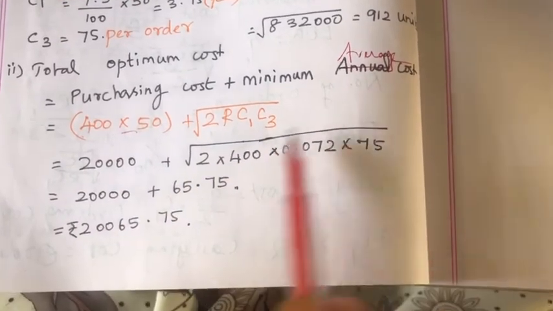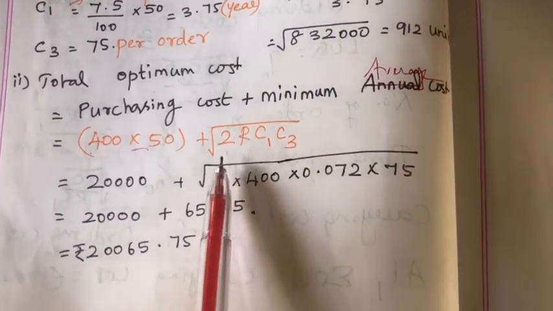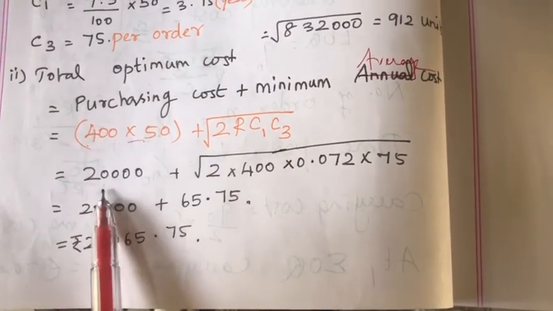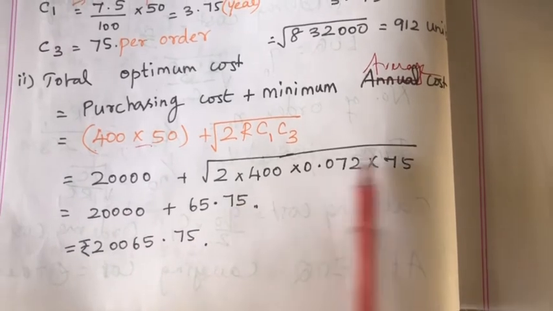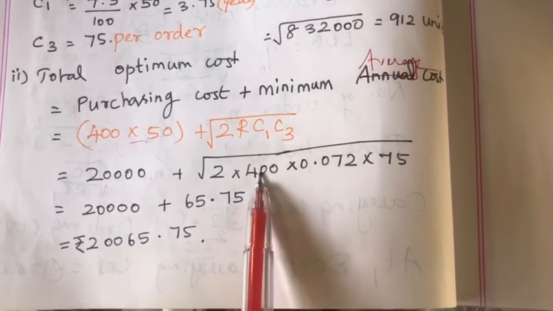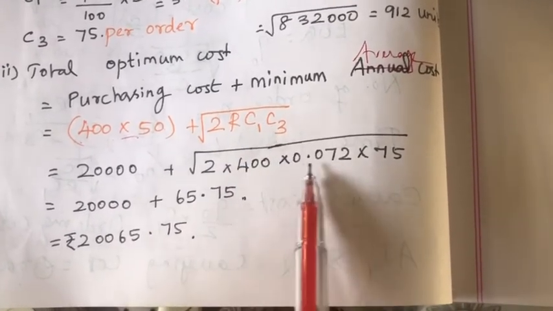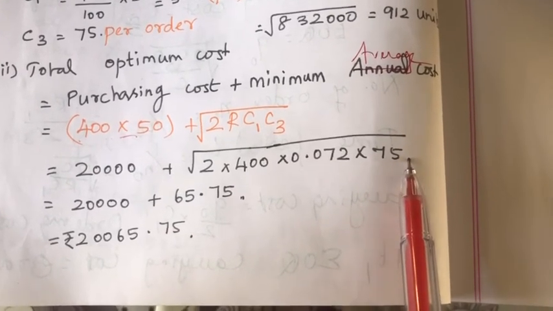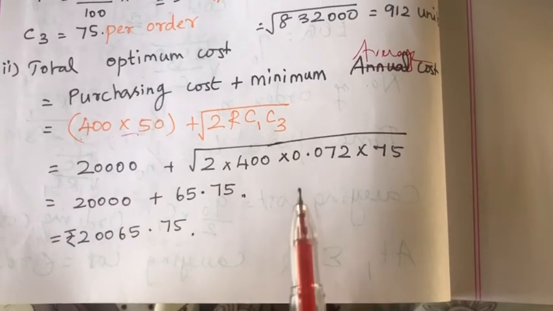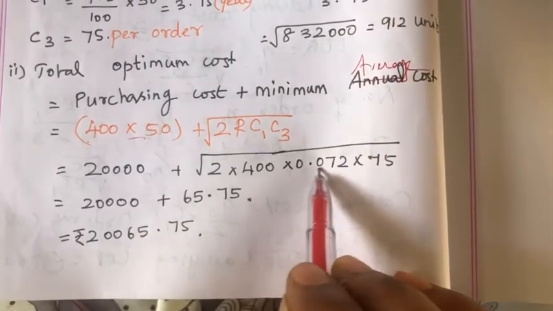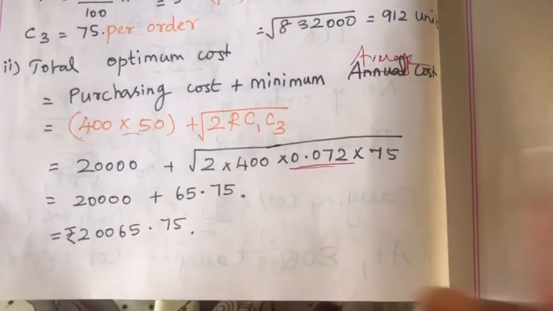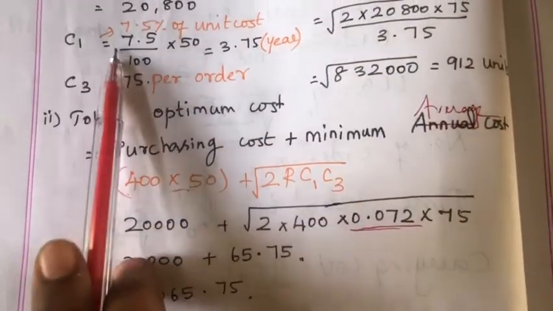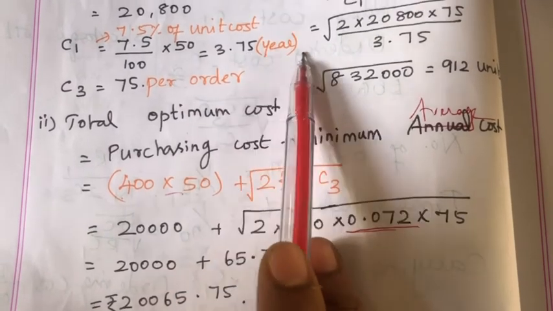Minimum average cost formula is square root of 2R C1 C3. Now, let us substitute 400 into 50 is 20,000 plus square root of 2 into R is 400, C1 is 0.072 into 75. How did you get 0.072? C1 is 3.75 per year.